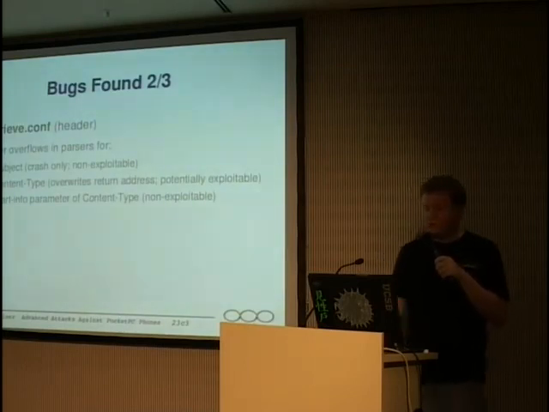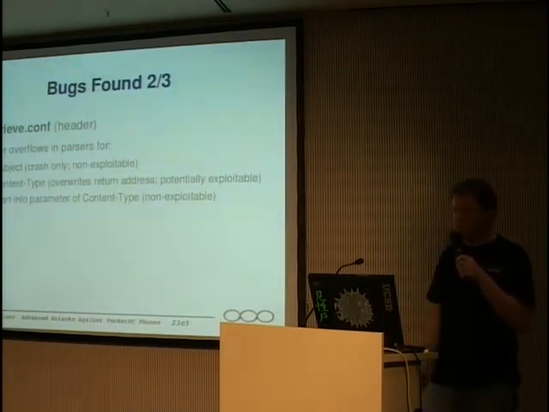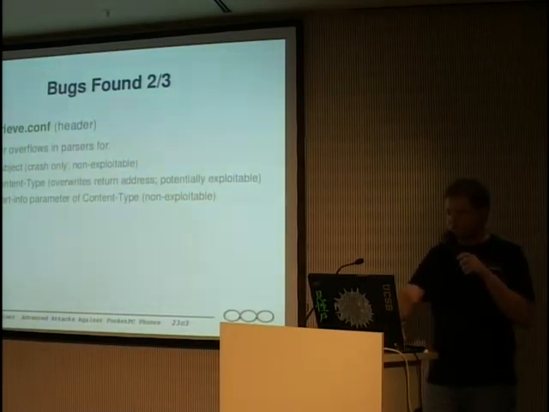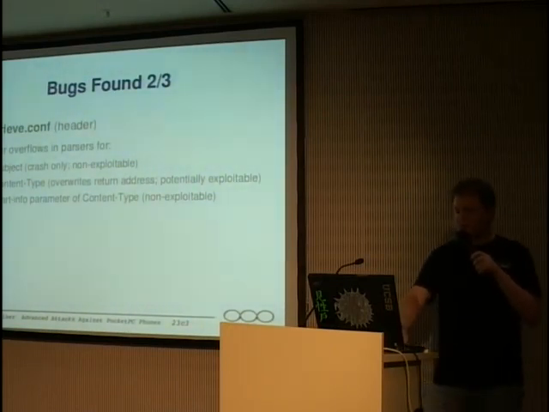Then we have some more in the actual MMS message that's transported to the device. In the headers, there are multiple overflows. They're kind of interesting, but the problem is the infrastructure and the filtering, so I didn't look too deep into that.